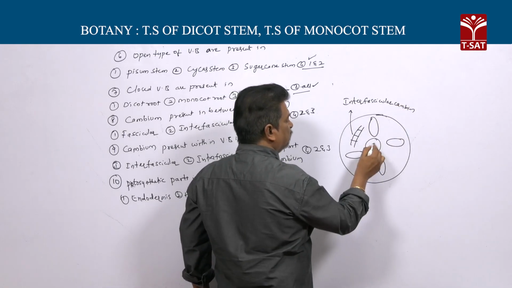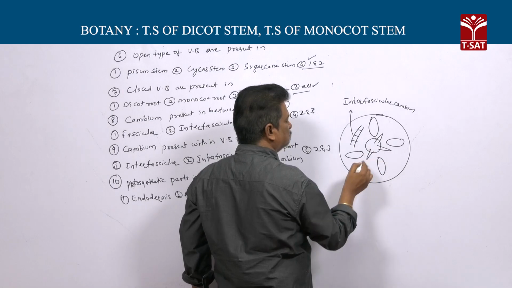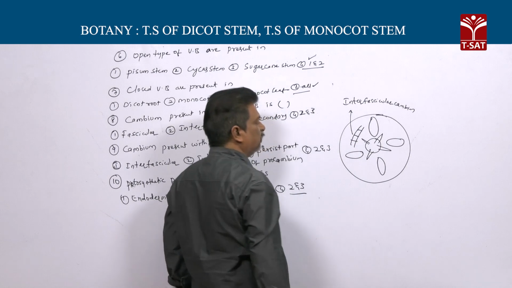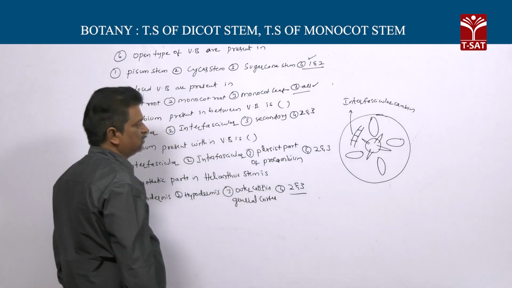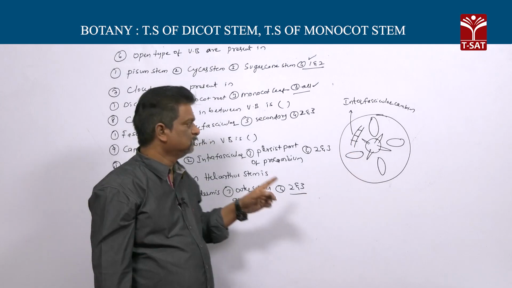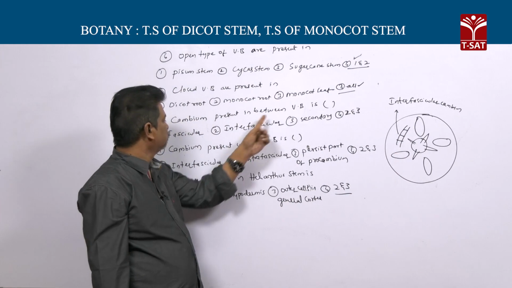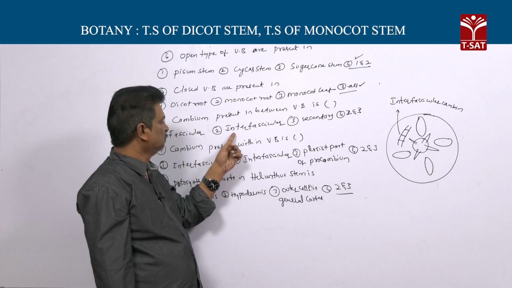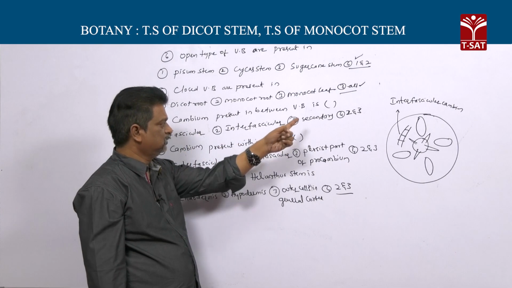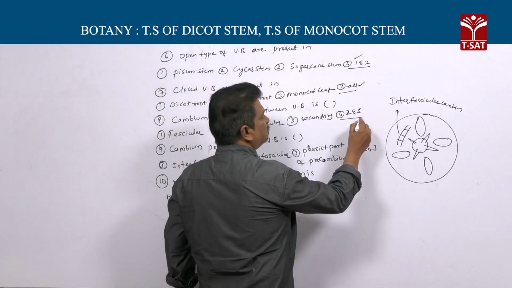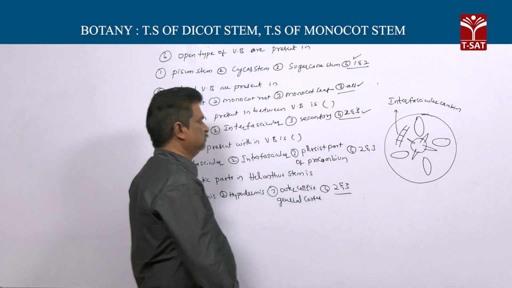And actually, interfascicular cambium is produced from medullary rays by de-differentiation. If it is produced by de-differentiation, it is secondary. So, cambium present in between vascular bundles: fascicular? No. Interfascicular? Correct. And it is secondary. So, the answer is 2 and 3.